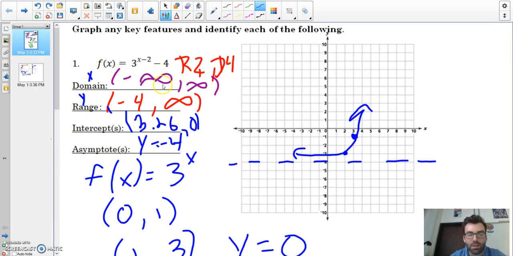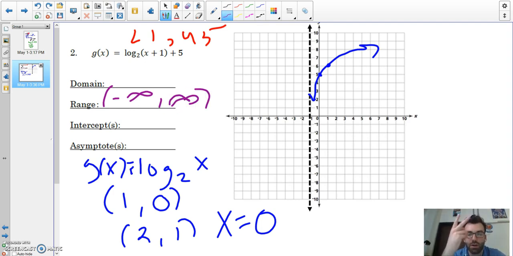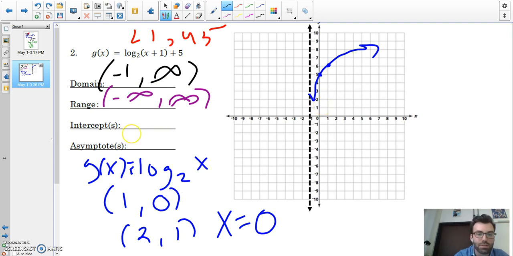Since the domain was negative infinity to infinity, in the log, the range will be negative infinity to infinity. Remember, inverses, all we do is flip our x and y values. Domain now, because of this vertical asymptote, is going to be negative 1 to infinity. Asymptote, just like we said, is going to be x equals negative 1.